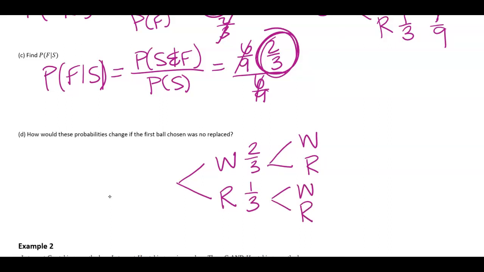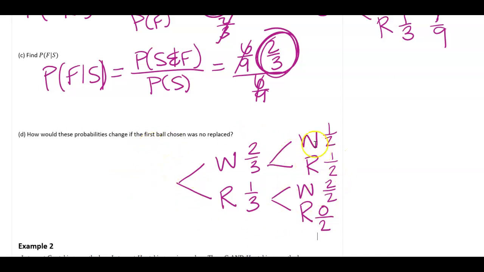So if I already have the white, then these change to 1/2, 1/2. If I have the red, then choosing the white, there's only 2 left out of the 2, and 0 left out of the 2 are red. So that's how those probabilities would change if there was no replacement.